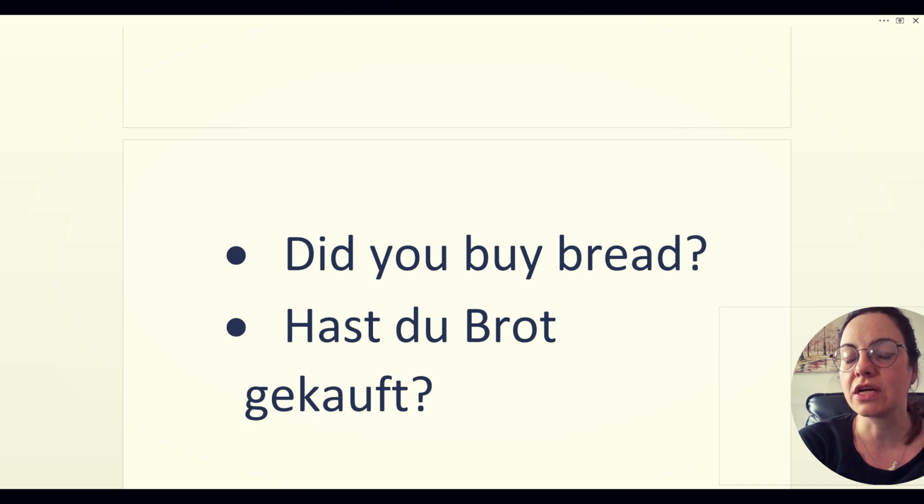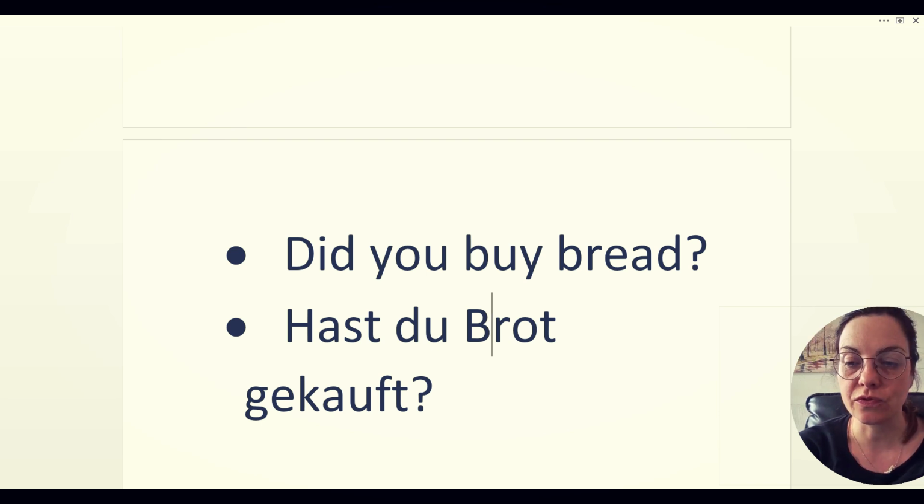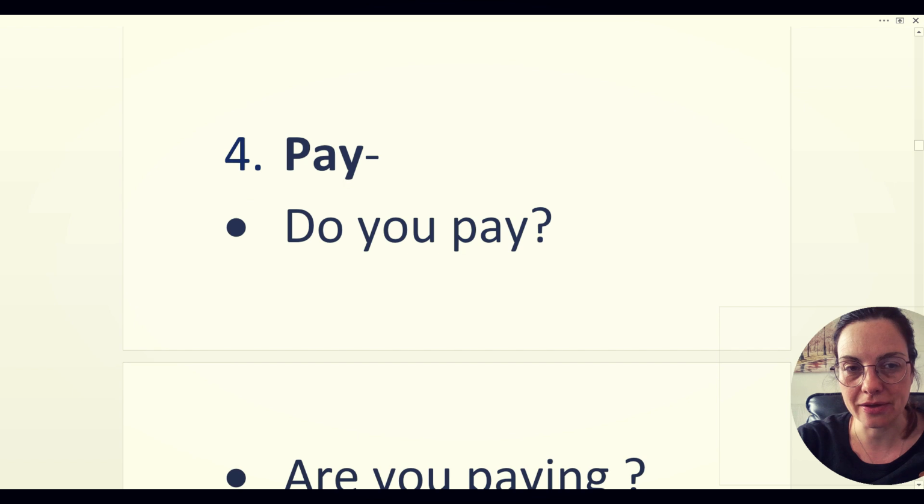Hast du Brot gekauft? Hast du gestern gearbeitet? And did you understand? Hast du verstanden? So every time we have this hast du, it's like have you, and then past participle forms of verbs like gearbeitet, verstanden, gekauft, and pay.